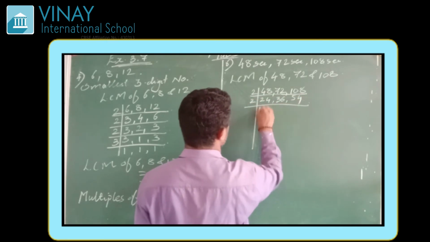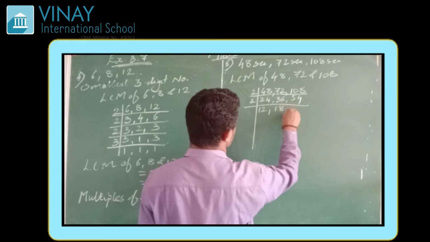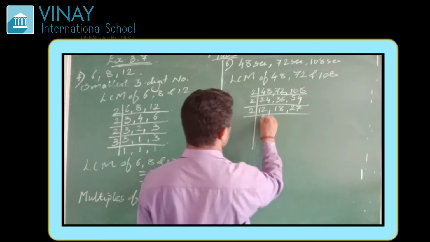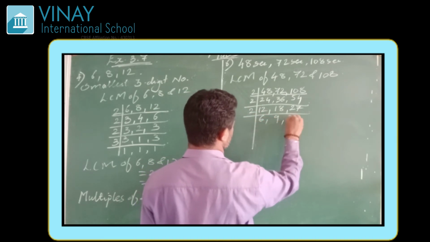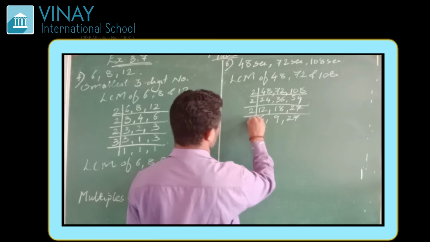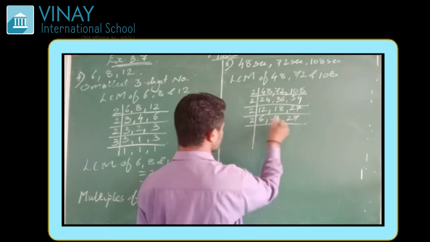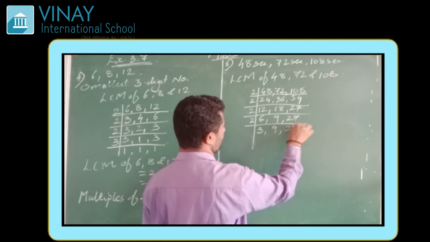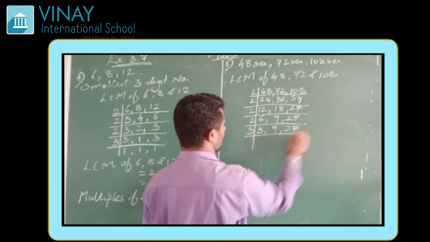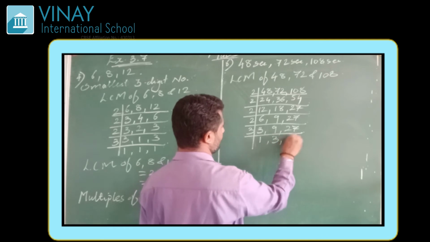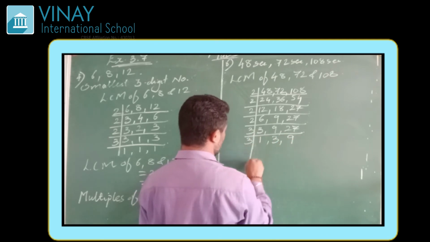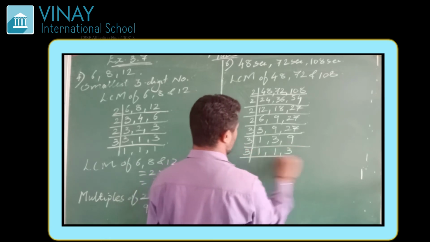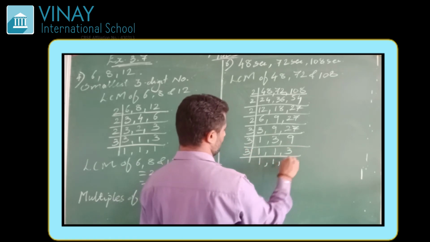Again 2: 12, 18, 27. Again 2: 6, 9, 27. Again 2: 3, 9, 27. Then 3: 1, 3, 9. Then 3: 1, 1, 3. Then 3: 1, 1, 1.